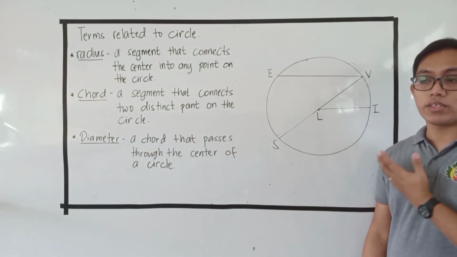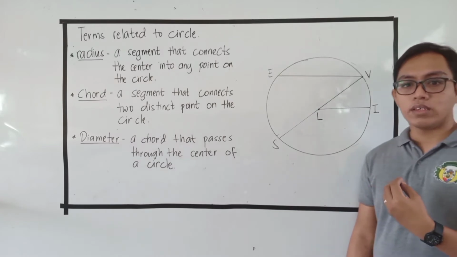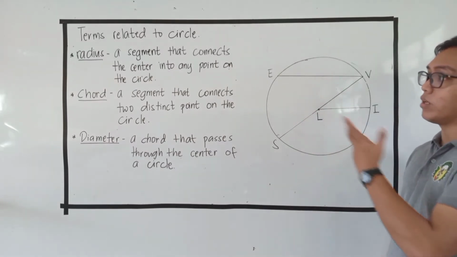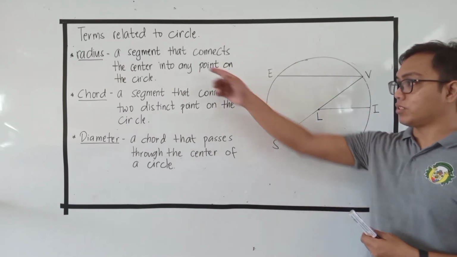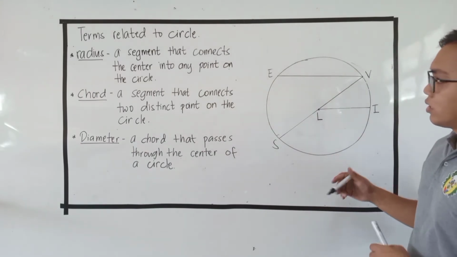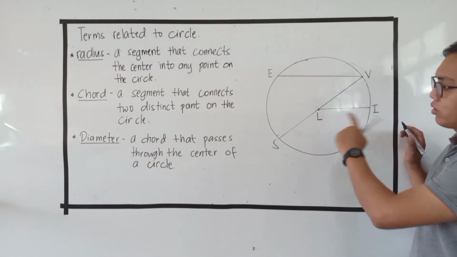We have here circle L. So let us now cite an example of the following terms related to a circle on circle L. Let's start with the radius. It says here a segment that connects the center to any point on the circle.